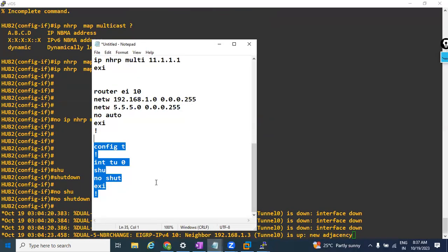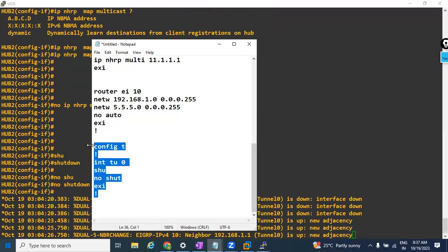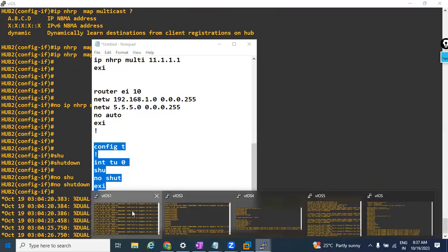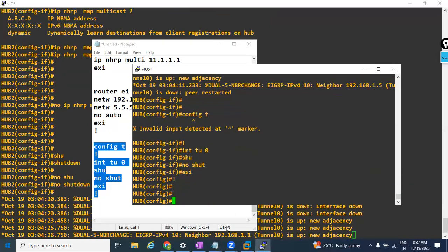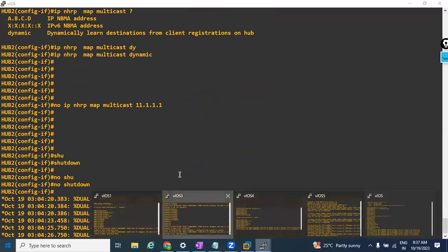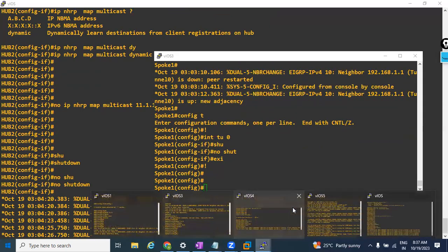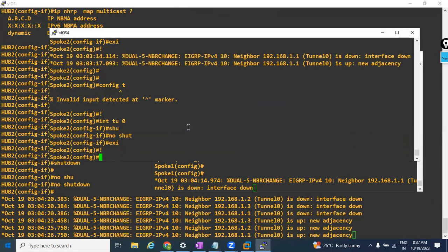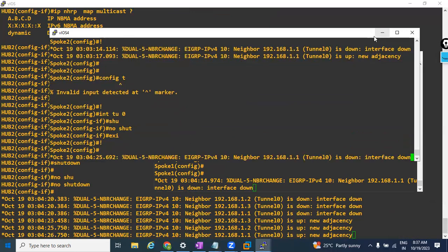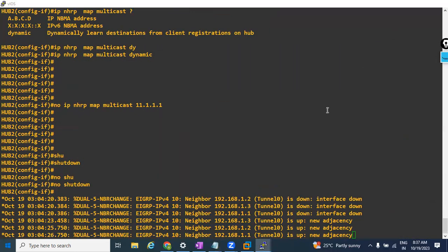Now let me go back here. All the interfaces, let me bring them down and up once. On the hub, then on spoke 1 and spoke 2. Because that was the hub, on the hub it would always be dynamic. Okay.